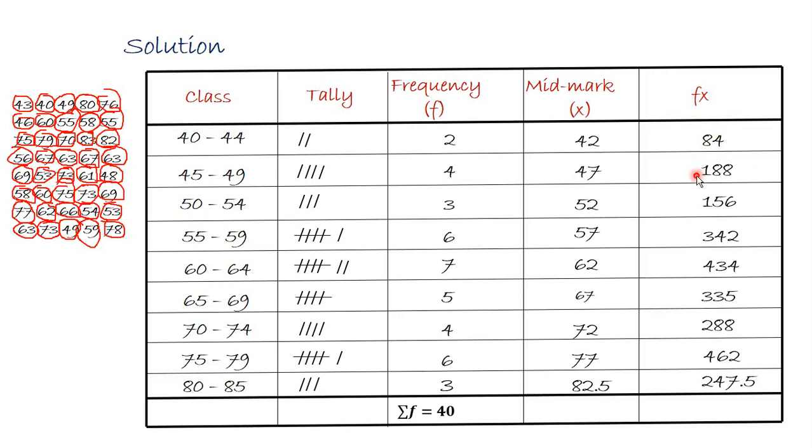Get your calculator. 84 plus 188 plus 156 plus 342 plus 434 plus 335 plus 288 plus 462 plus 247.5, and that is giving us 2536.5.